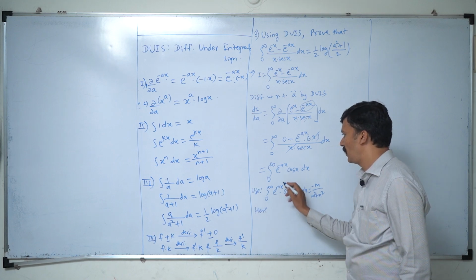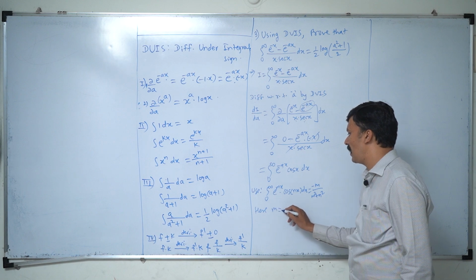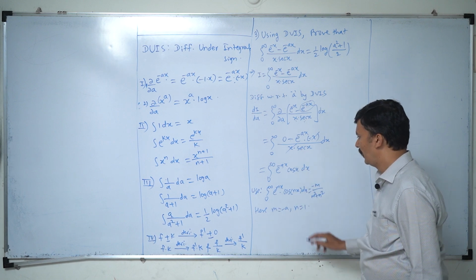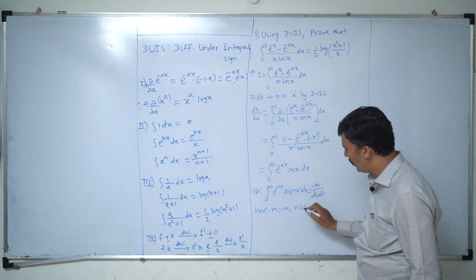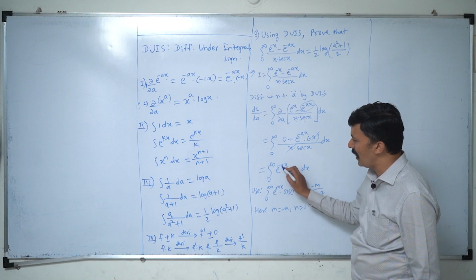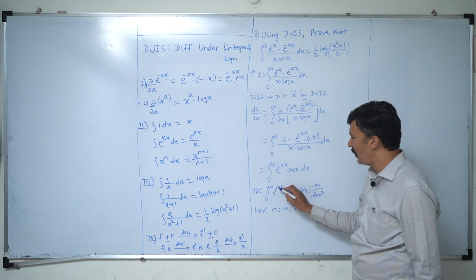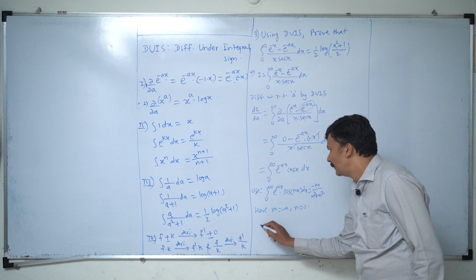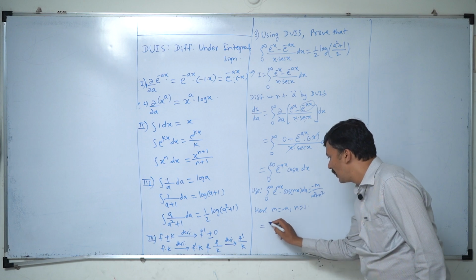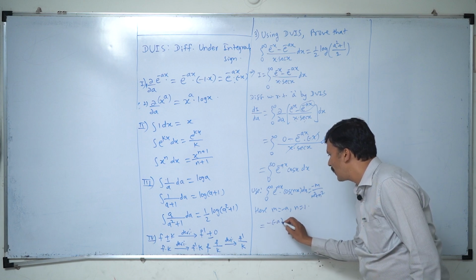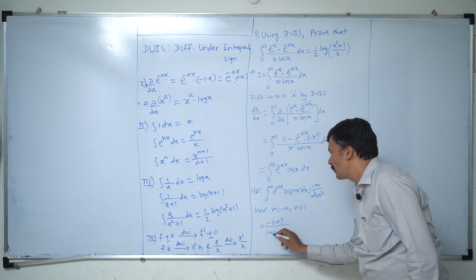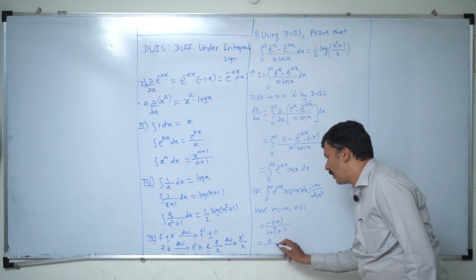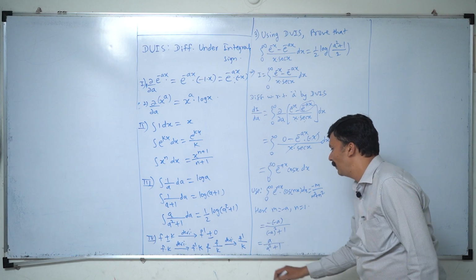For this particular case, m is minus a and n is 1. nx equals x, therefore n is 1; mx equals minus ax, the x get cancelled, so m equals minus a. Therefore this integral is minus of minus a upon minus a square plus 1. So this is a upon a square plus 1.